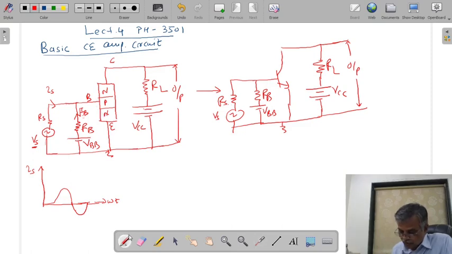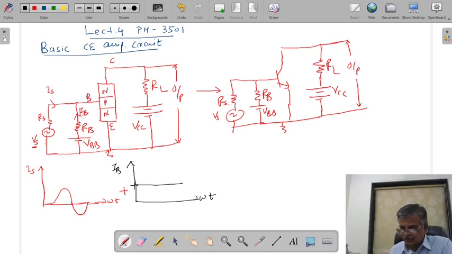So I am showing you this DC current is like this. This is your DC current. DC current does not change with time. It cannot vary, so I am showing it as a straight line.